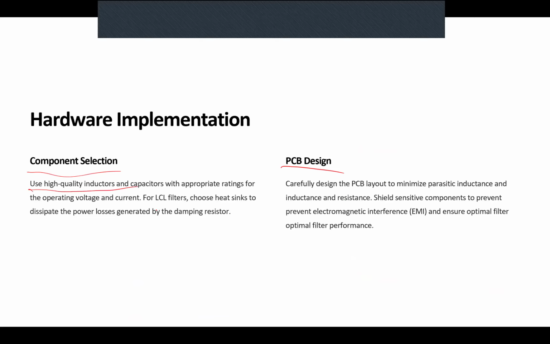You want to use high quality components. You want to have a heat sink because you would have power loss. And in your PCB, you want to minimize interference. You already know about EMI and its factors, so this is a general PCB design factor.